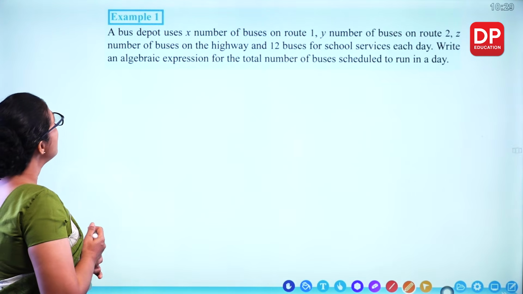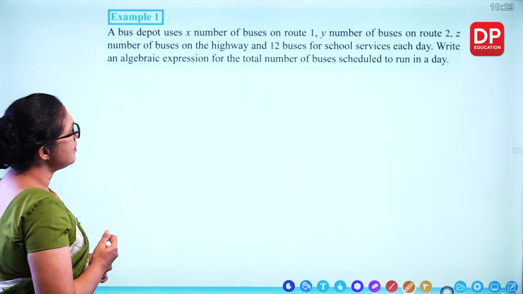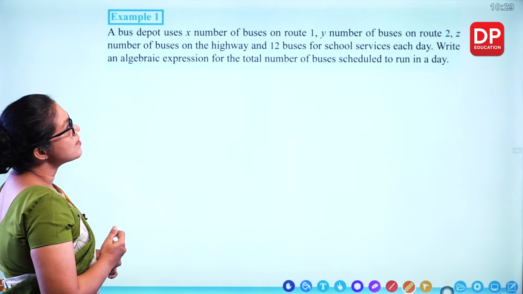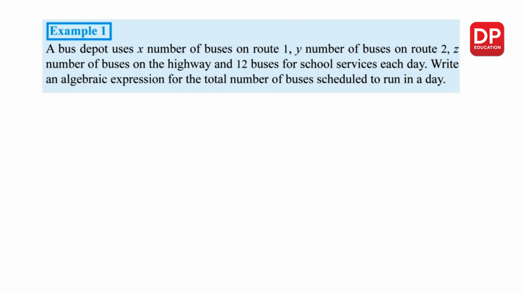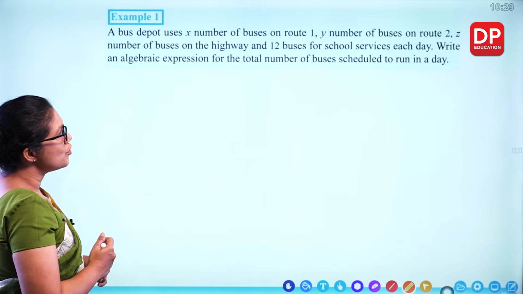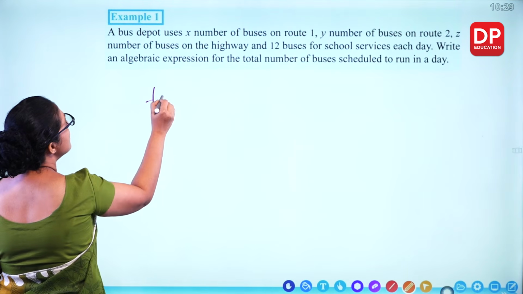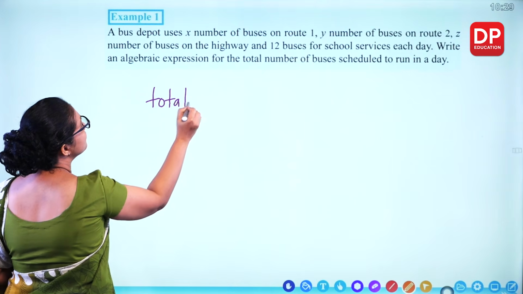Example number 1. A bus depot uses X number of buses on route 1, Y number of buses on route 2, Z number of buses on the highway, and 12 buses for school services each day. Write an algebraic expression for the total number of buses scheduled to run in a day. So, total number of buses.